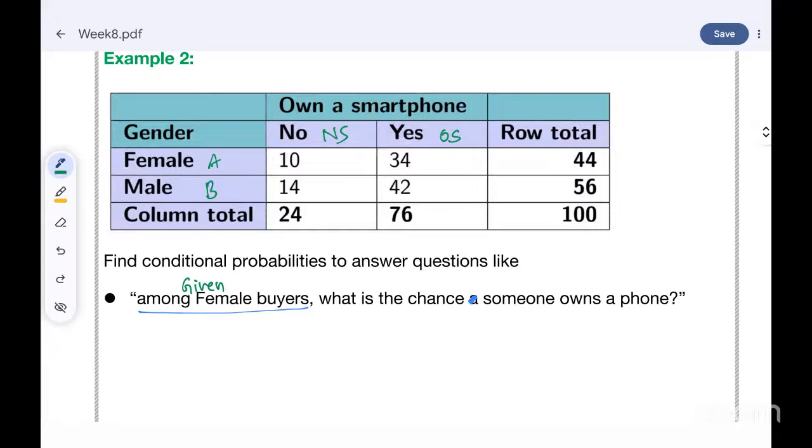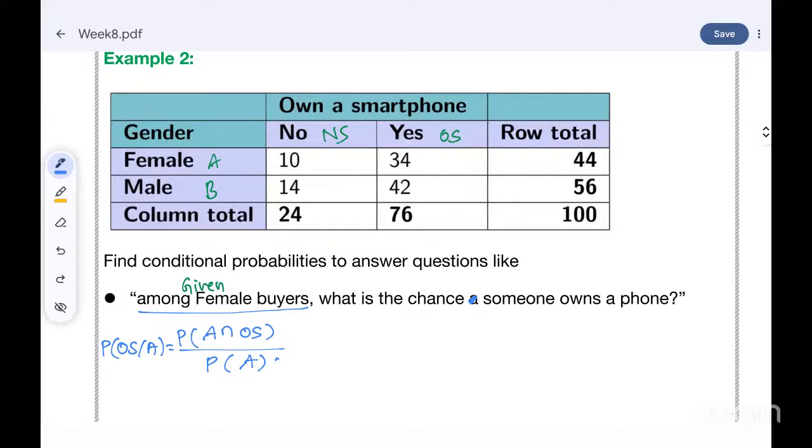So we have to find P of A intersection OS divided by P of A. In terms of conditional probability, this is the probability of OS given A. Good.